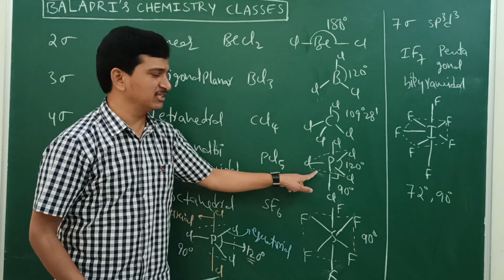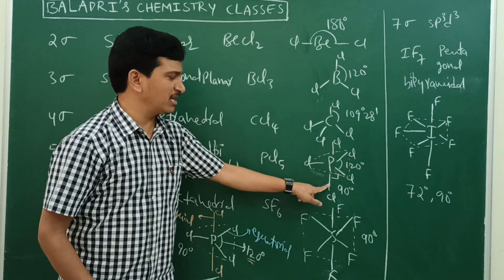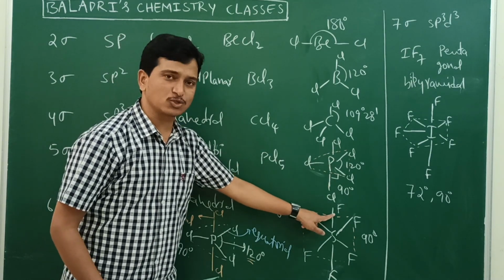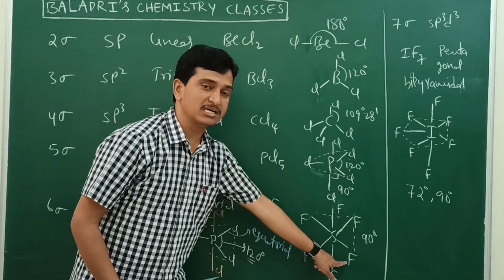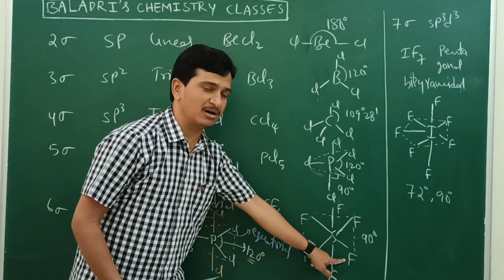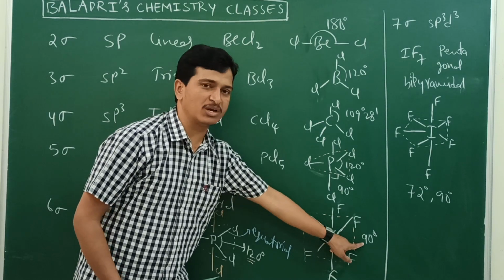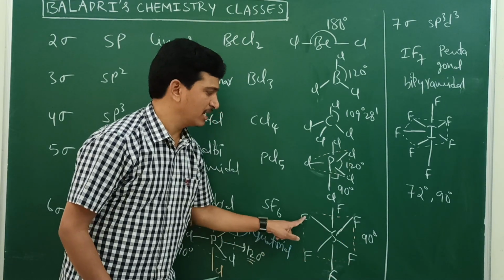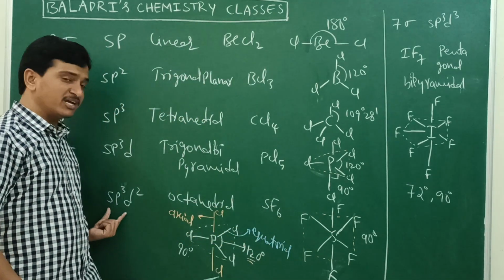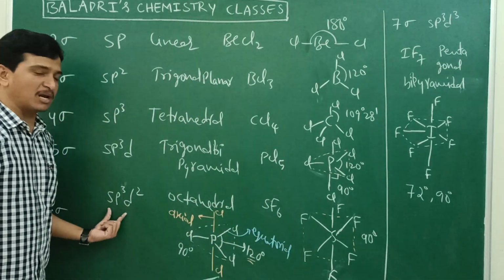Here all bonds are equal and the bond angles are also equal. Don't compare with the PCl5 structure. There, above and below the plane they are axial, but here don't consider them axial, because all the bonds have equal distance and the bond angle is only one, that is 90. In sp3d2 hybridization, how many orbitals are involved? 6 orbitals.